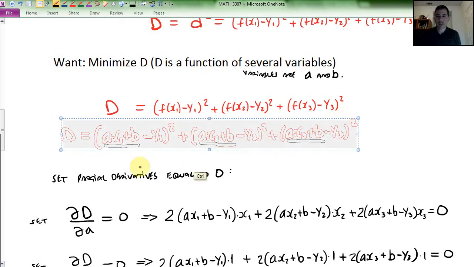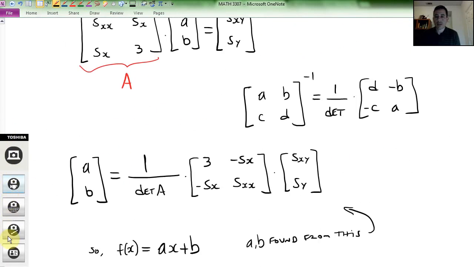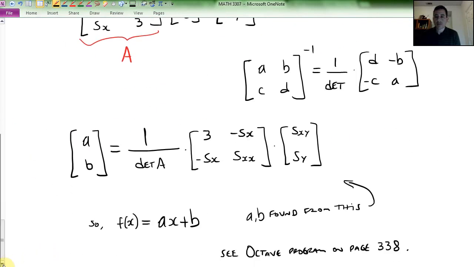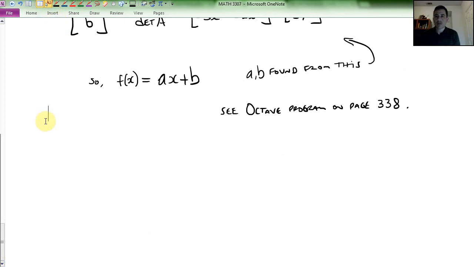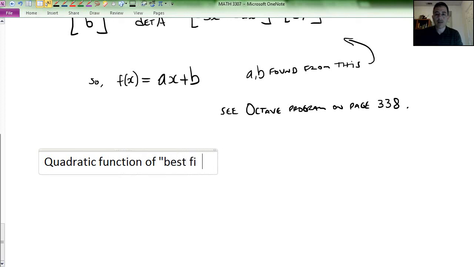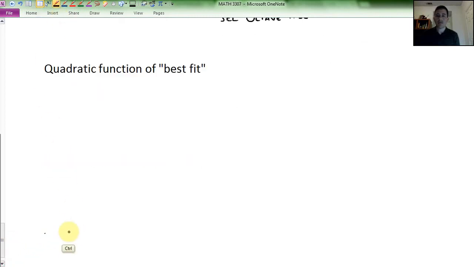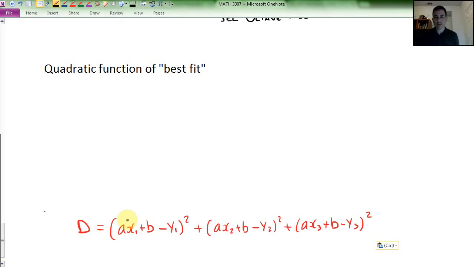So let me go ahead and finish that and show you the idea. So for quadratic of best fit, we would have this formula here.